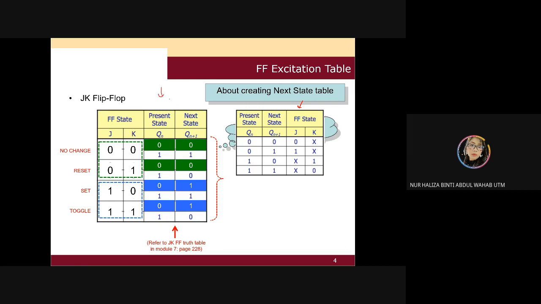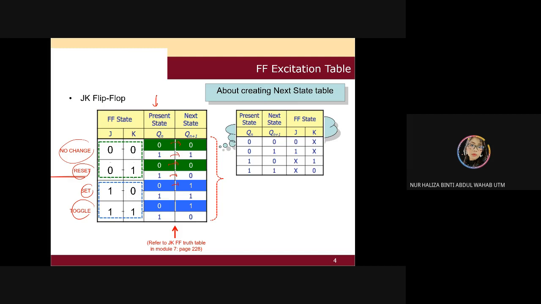First of all, this is your normal JK flip-flop. You still remember, if 0, 0, no change. If 0, 1 is going to be reset. If 1, 0 is going to set, and another one will be toggle. And when you have the present state of 0, 1, 0, 1, 0, 1, 0, 1, what is the next output? It depends on this, isn't it?